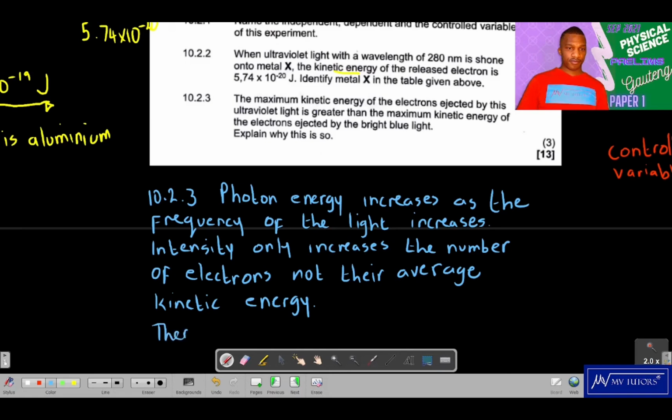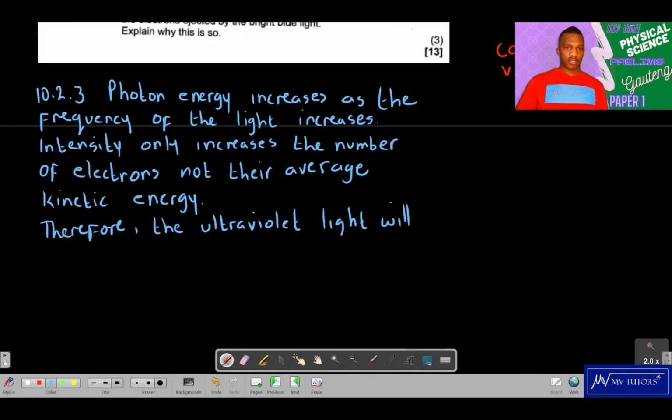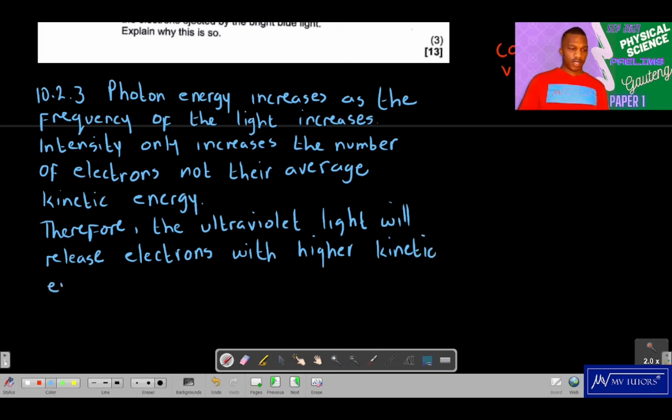Therefore, the ultraviolet light will release electrons with a higher kinetic energy.